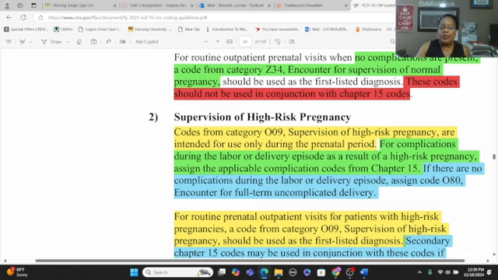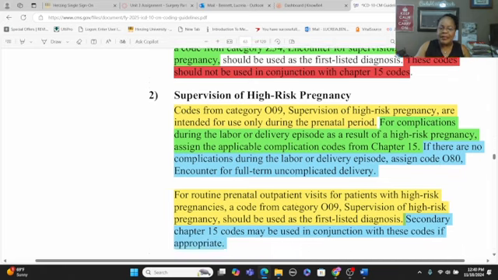For complications during labor or delivery episodes as a result of a high-risk pregnancy, you're going to assign the applicable complication code from Chapter 15. And if there are no complications during the labor or delivery episode, then you're going to assign code O80 for encounter for full-term uncomplicated delivery.